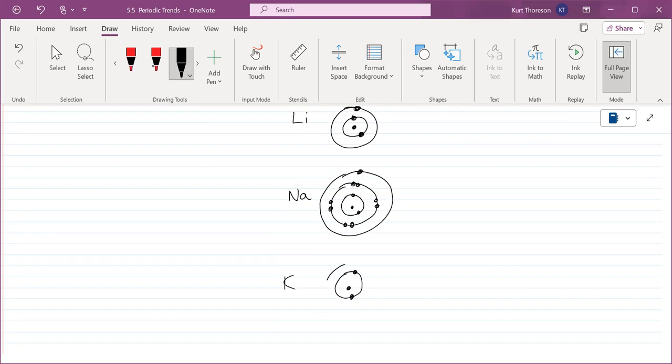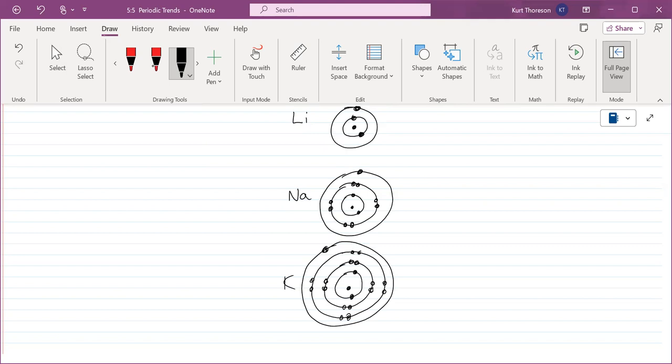How many do I fit on the second energy level? 8. How many do I fit on the third energy level? 8. How many do I fit on the fourth energy level? 1.